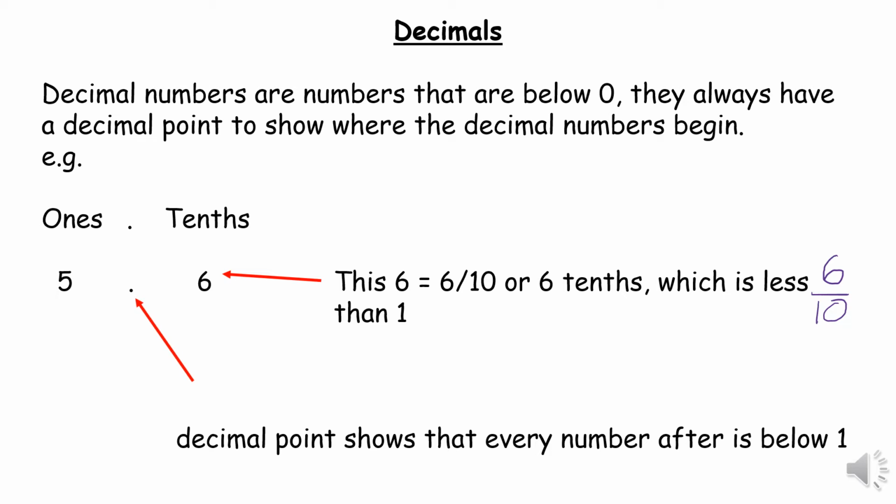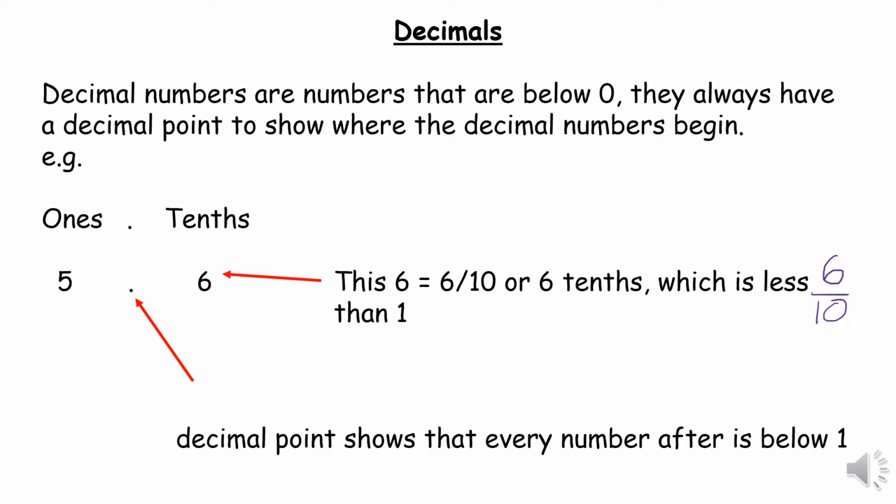So let's have a look at this example that you should be jotting down. Remember, spread them out, use a ruler if you need to. We need to practice how to use a ruler. In the columns here, in the ones column, below the 1, I have got number 5. Then we've got the decimal point. Now this shows that every number after this decimal point is less than 1. Then, after that decimal point, I've got a column called the tenths.